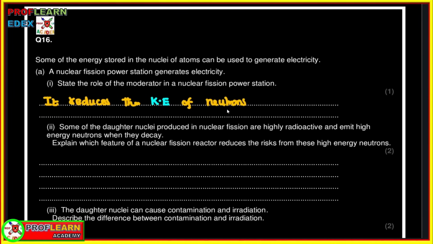Some of the daughter nuclei produced in nuclear fission are highly radioactive and emit high energy neutrons when they decay. Explain which feature of the nuclear fission reactor reduces the risk from these high energy neutrons. And actually, this is the thick concrete or the thick lead which absorbs all those neutrons.